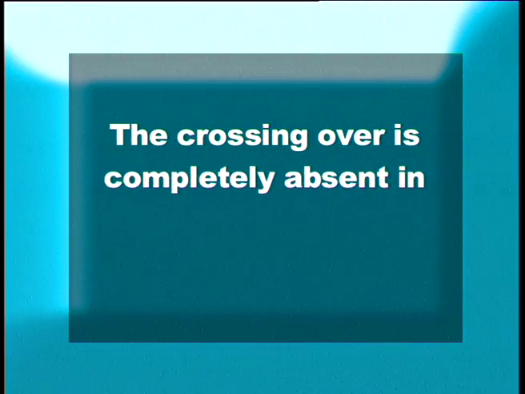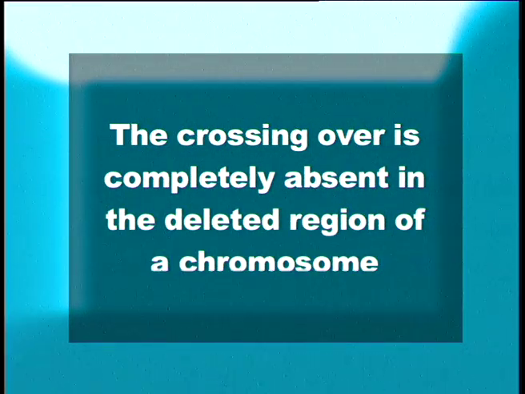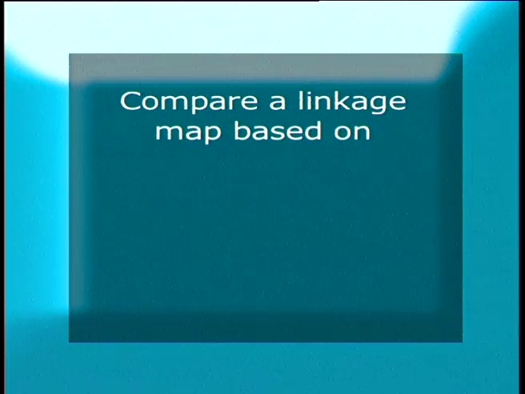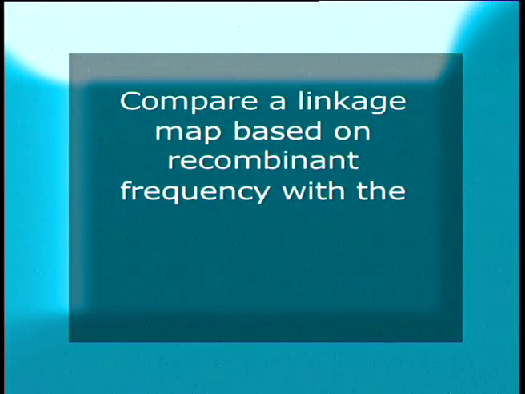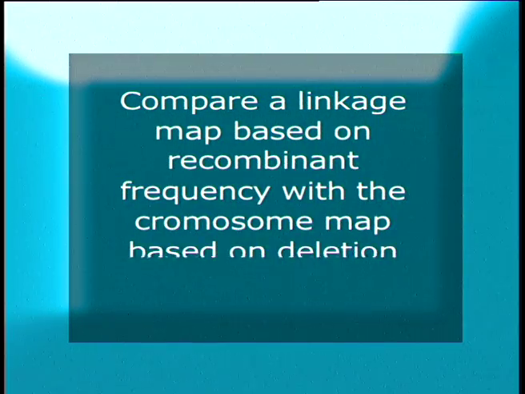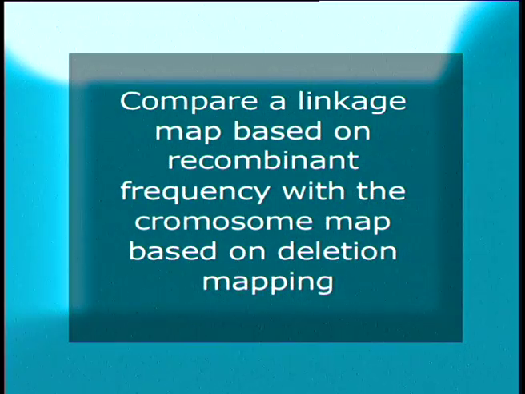The third is that crossing over is completely absent in the deleted region of a chromosome, since this region is present in only one copy in the deletion heterozygotes. The fourth is that deletion analysis makes it possible to compare a linkage map based on recombinant frequency with the chromosome map based on deletion mapping.